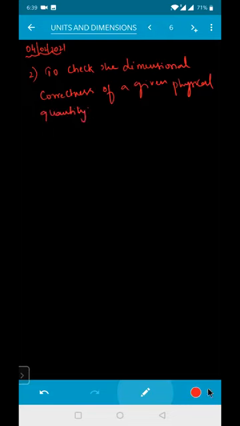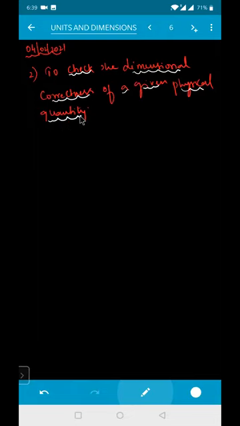See, what is the second use? We can check the dimensional correctness, whether the given equation is dimensionally correct or not. We can use this method and check whether the given formula is correct or not.